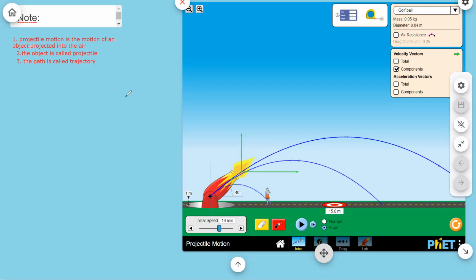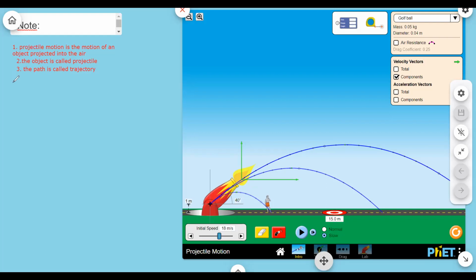So we can decide that the label for the initial velocity is Vi, and the unit of the initial velocity is meter second minus 1.